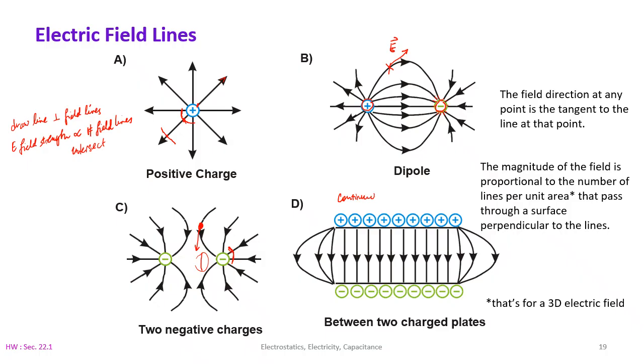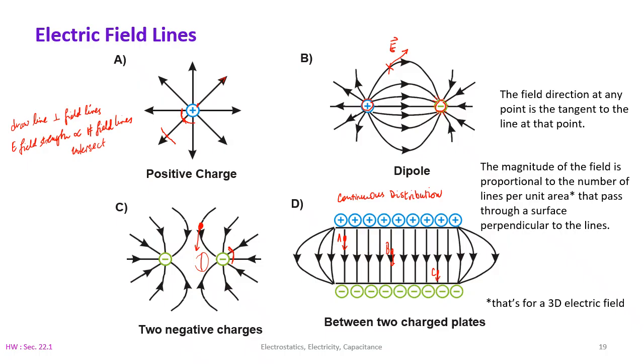So this is a continuous distribution of charge. Right, so in this instance, you can see if I'm interested in finding the direction of the electric field here at point A, or at point B, or at point C, then the electric field points the same direction.